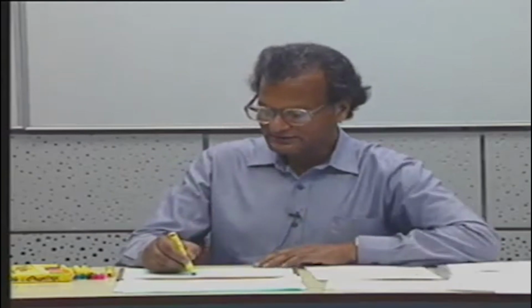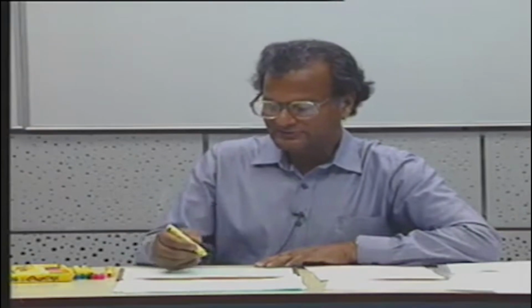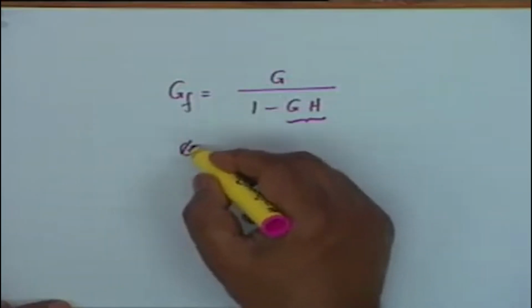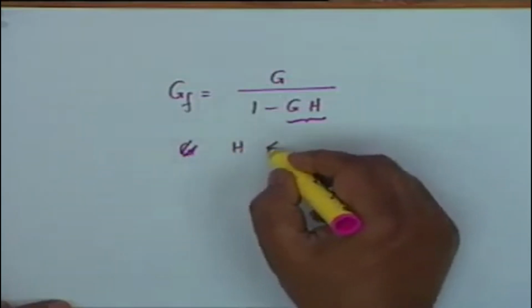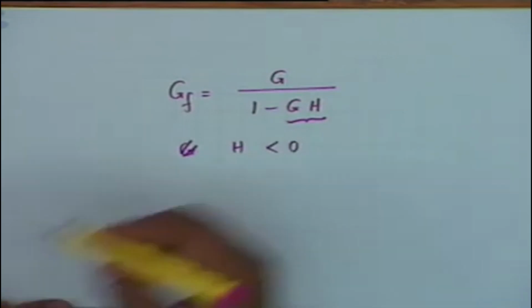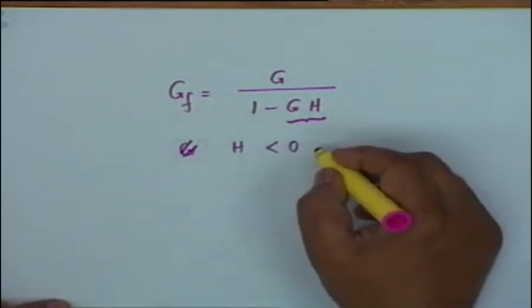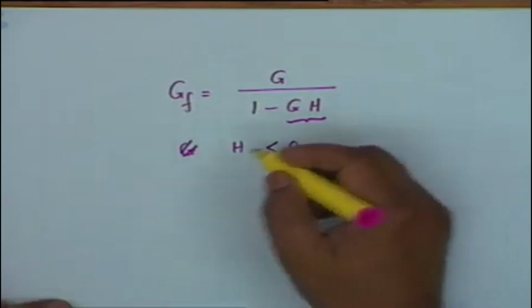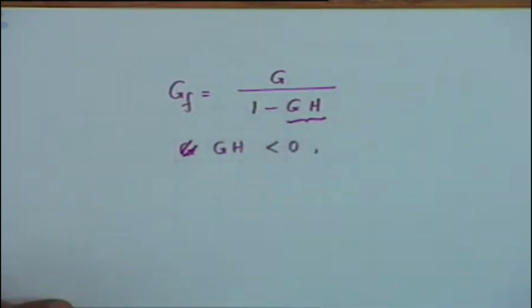Now, the quantity GH affects the overall gain very drastically, very substantially. For example, suppose G and H are real quantities, and suppose GH is less than 0, the product GH is less than 0.